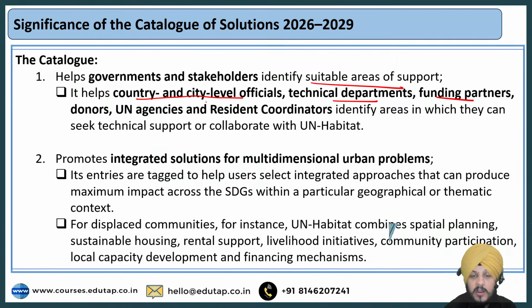That is the first point, which means nothing but to collaborate. When I say collaboration, it includes country or city level officials, the United Nations agencies at the international level, and funding partners, the big organizations that are going to fund these programs. So we can promote partnership, and that is something that is enabled through this catalog.